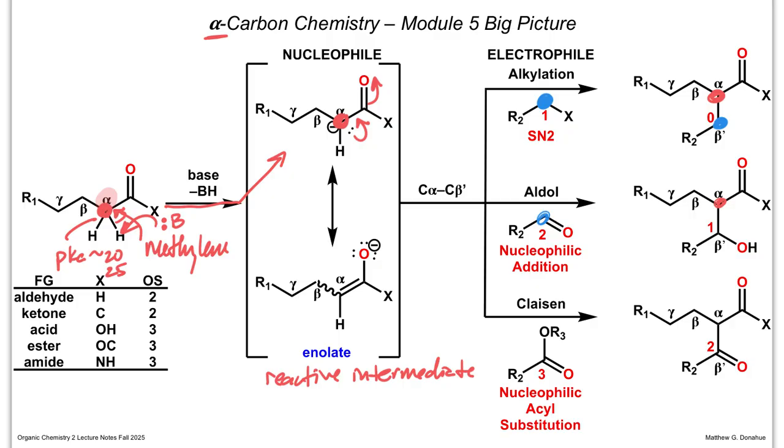Here's the blue. Notice it's oxidation state 2, and then in the product it's at 1. So we've made the carbon-carbon bond. The beta prime carbon is at oxidation state 1, so it's an alcohol. And I can say because that is an alcohol, I know that we had to use an aldehyde or a ketone as the electrophile.